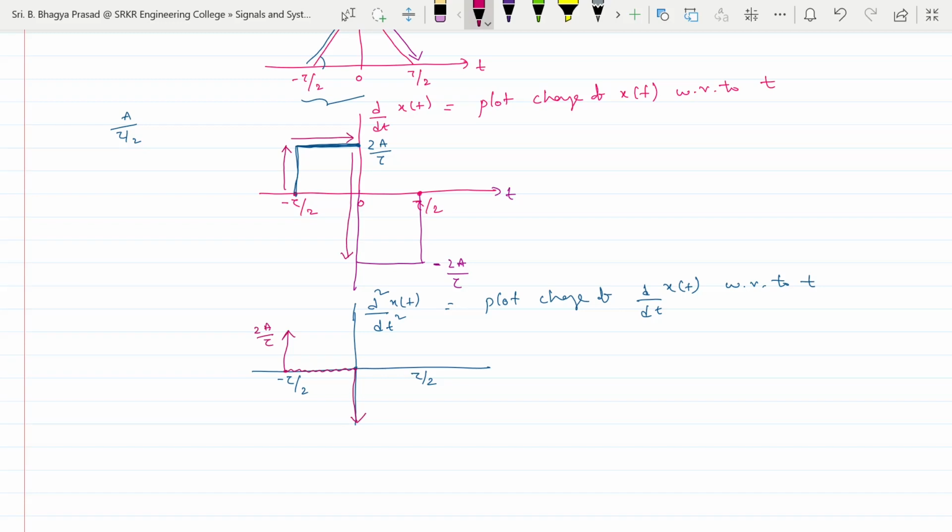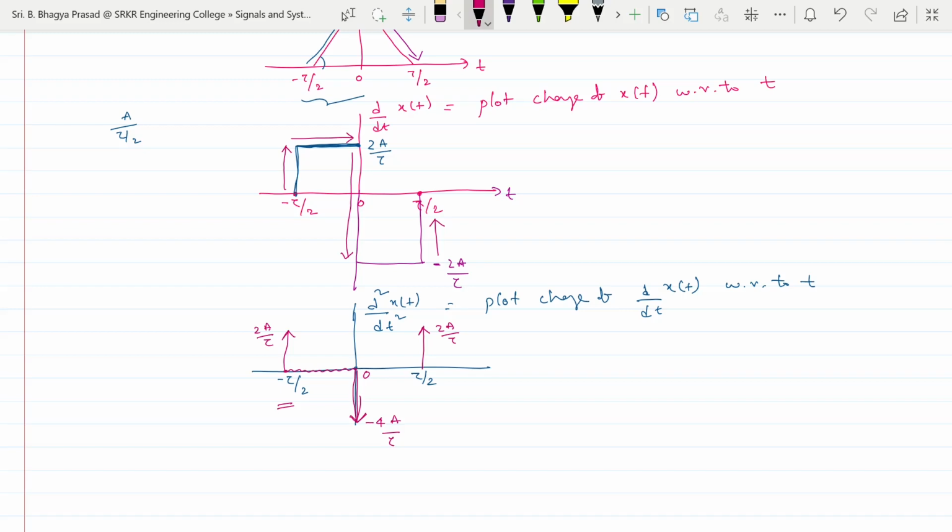The total will be minus 4a by tau. So we are observing an impulse at minus tau by 2 and 0, and again the rise of value at tau by 2. So this will be 2a by tau. And as the value goes from minus 2a by tau to 0, that is increasing, I represent the change with a positive impulse.